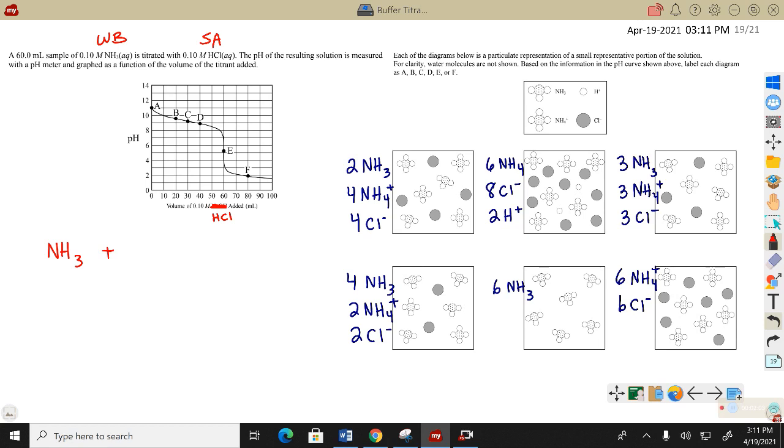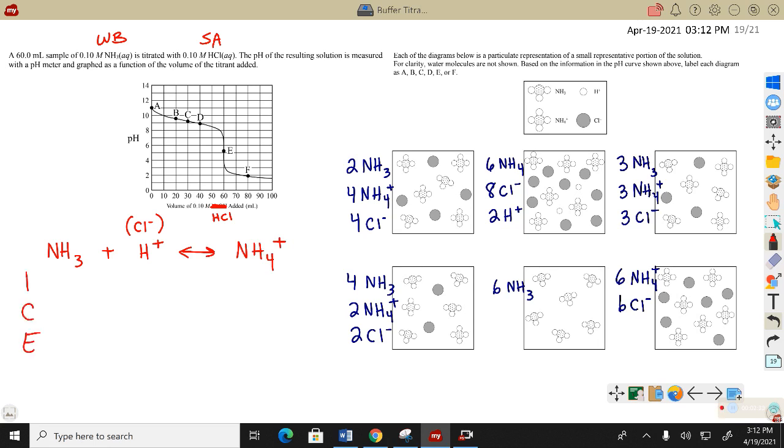So as a net ionic equation, we could just add the H plus, but I'll put in parentheses that it comes from the HCl. The hydrogen and chlorine would have initially had the same concentration, although some of the hydrogen will react with the ammonia. When it does, I'll form NH4+, the conjugate acid.